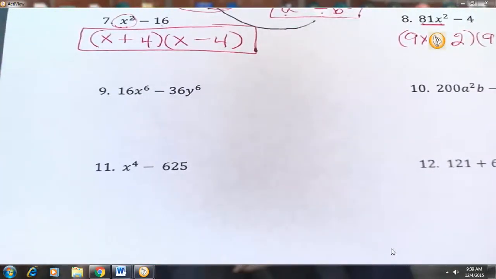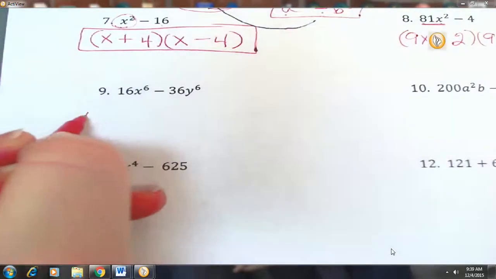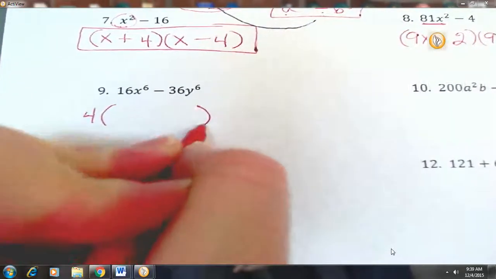Number 9. This one looks a little bit different. I've got x to the 6th and y to the 6th, which actually are perfect squares. 16 is a perfect square, and so is 36. I have my subtraction. However, there is a greatest common factor. 4 goes into 16 and 36. Let's factor out a 4 before we do anything else.